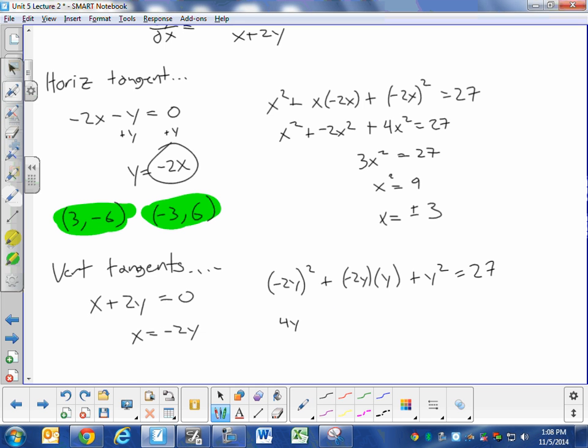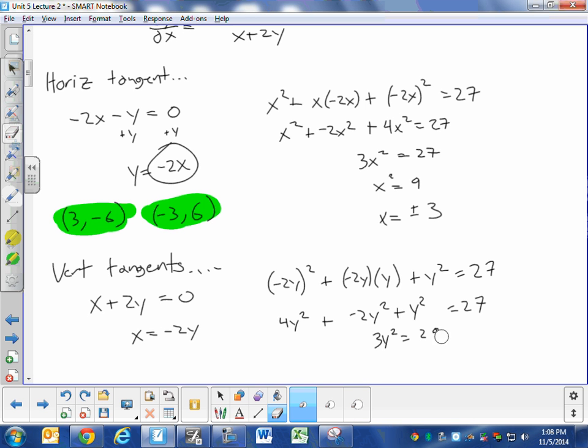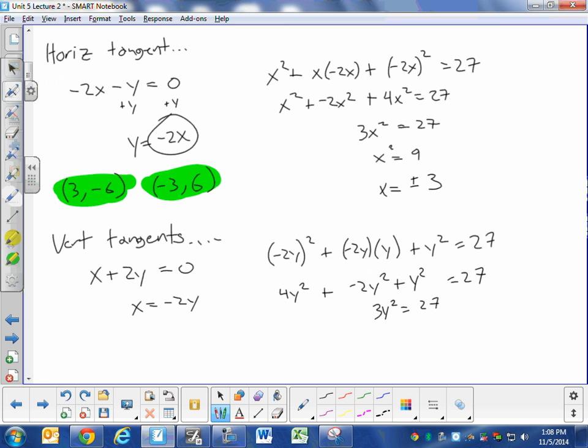I get 4y squared plus -2y squared plus y squared. Well, this looks familiar. I end up all the way down with 3y squared is equal to 27. Divide by 3, you get y squared is equal to 9, or you get y is equal to ±3.